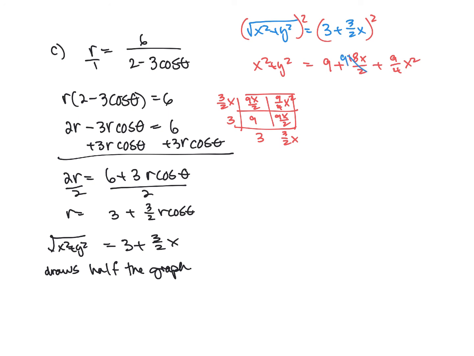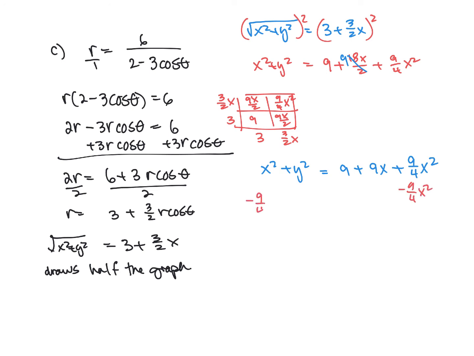All right, so from here, I'm going to go ahead and simplify this down to a 9x. And I'll go ahead and rewrite. So I'm going to have x squared plus y squared equals 9 plus 9x plus 9/4 x squared. And then what I would do, because I can bring the x squareds together, I'll go ahead and bring everything to one side. So here you would go ahead and subtract 9/4 x squared.